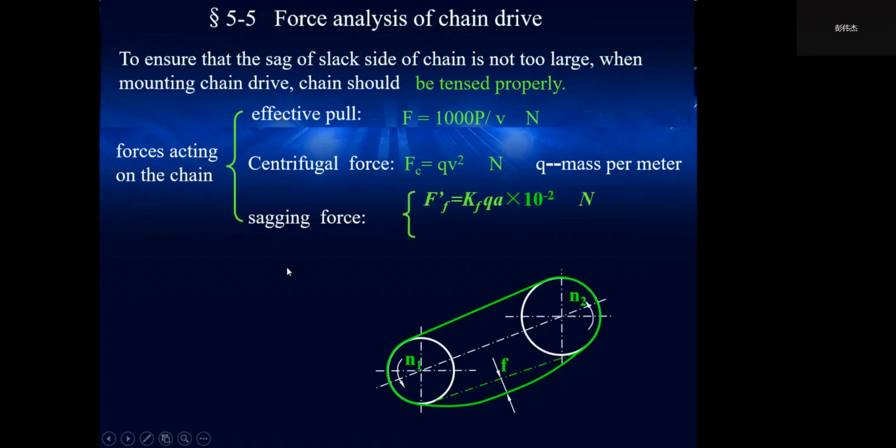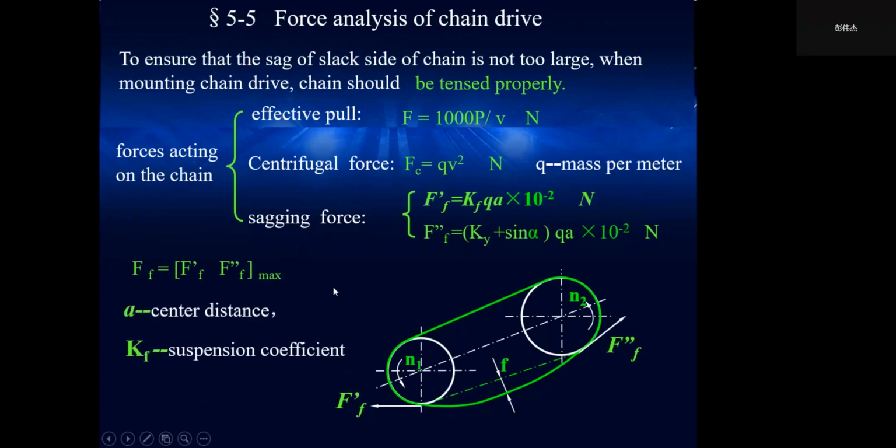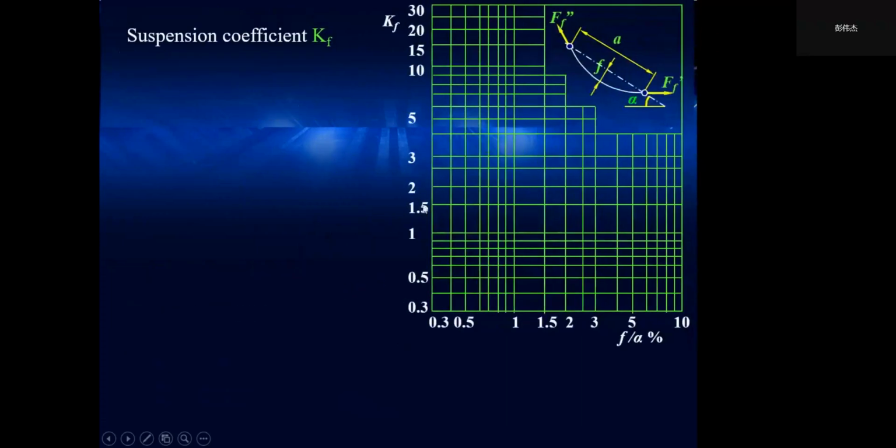And the sagging force Ff relates to the weight of the chain, the center distance, and the layout of the chain drive. For example, this is the suspension coefficient KF.